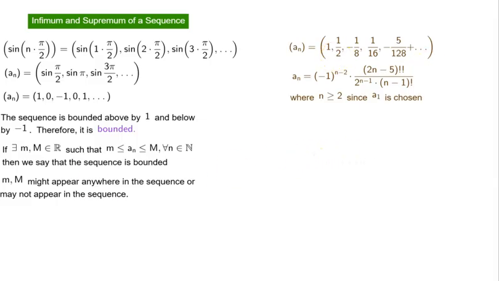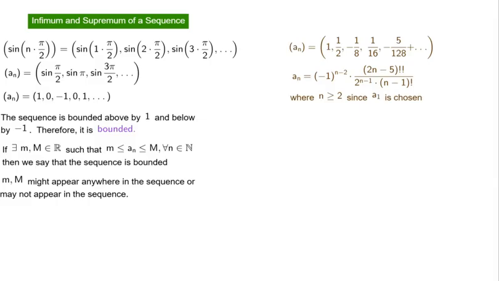So here 2n minus 5 double factorial basically means taking the factorial of odd numbers. So for the second term, we will have 2 times 2 minus 5. That is 4 minus 5. That is minus 1 double factorial.